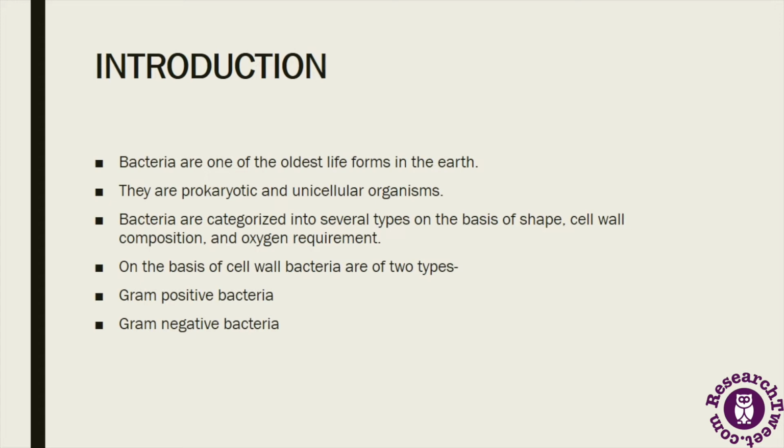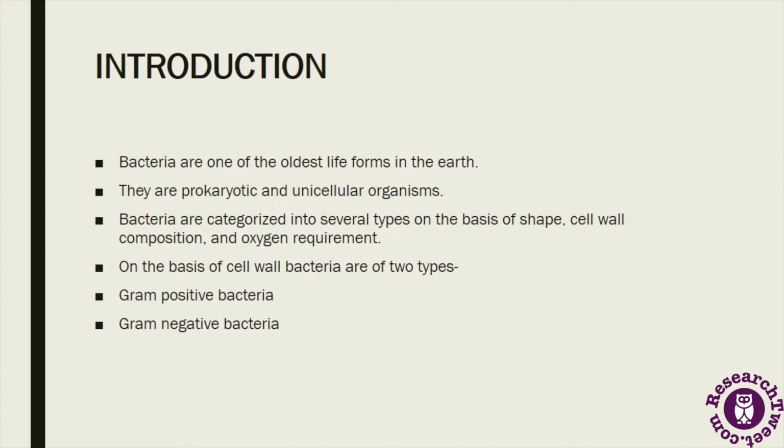Now, bacteria are categorized into several types on the basis of their shape, their cell wall composition and oxygen requirement. According to oxygen requirement, they are divided into two types: aerobic bacteria and anaerobic bacteria. Similarly, on the basis of shape, they are divided into types like cocci, bacillus, spiral and many others.